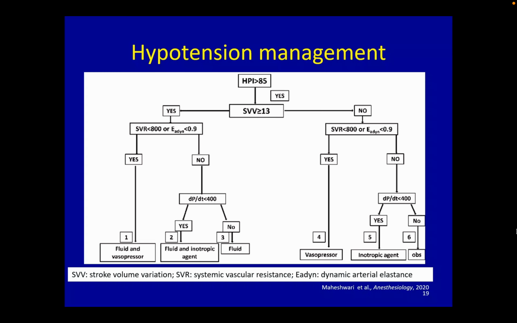If the parameter indicating cardiac contractility, delta P divided by delta T, was lower than 400, ephedrine will be administered. If the intraoperative hypertension is caused only by hypovolemia, fluid will be administered. If stroke volume variation was not higher than 13, the main cause of intraoperative hypertension will also be identified and given the right treatment at the right time.